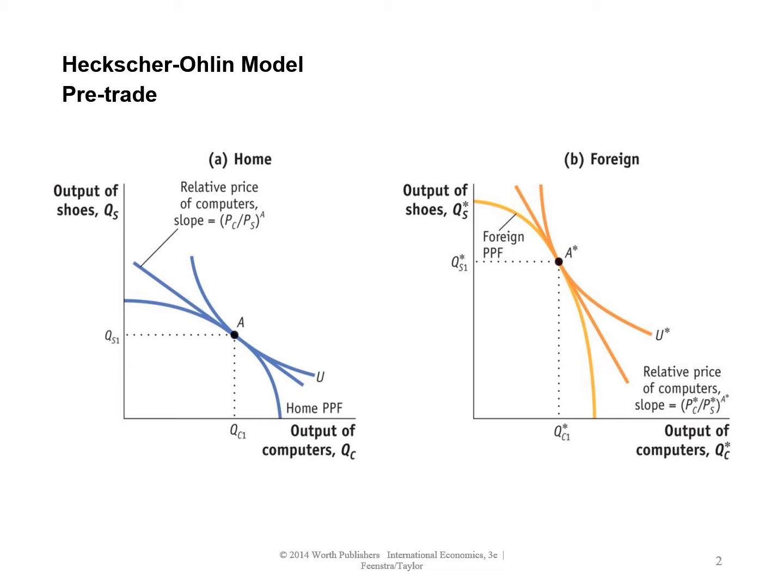So starting from point A, let's imagine we're at point A in the home country. The home country takes just one of the computers it has produced and sends that to the foreign country.